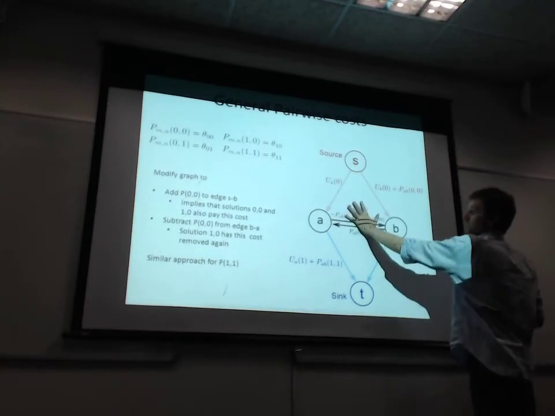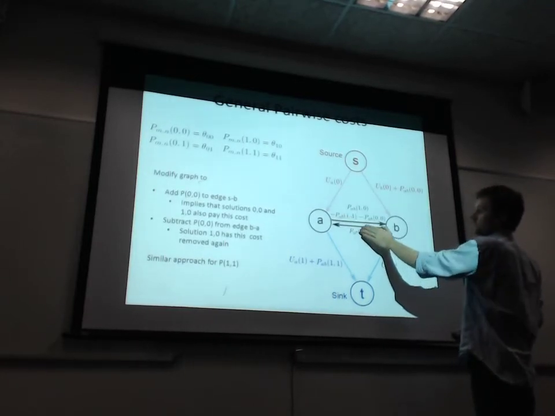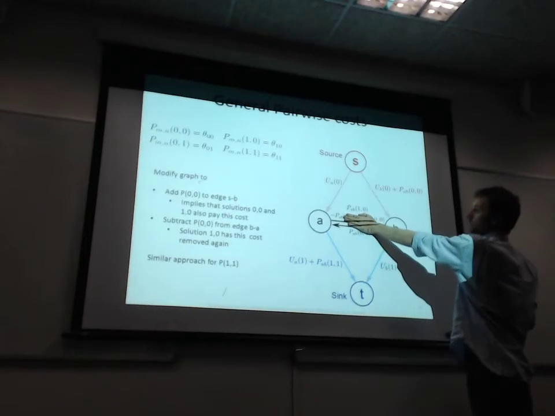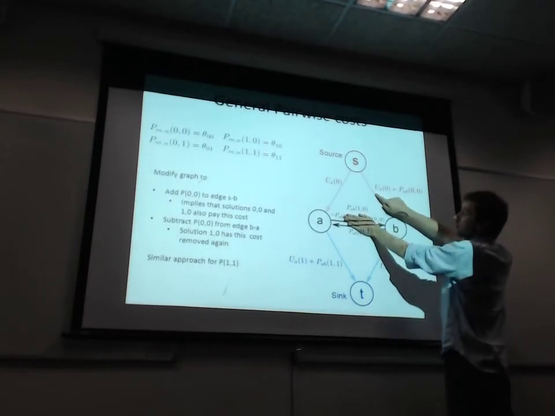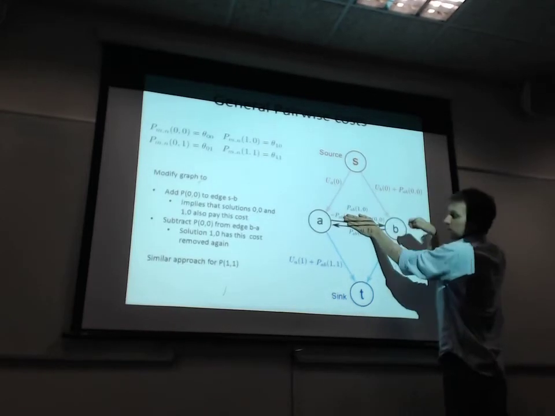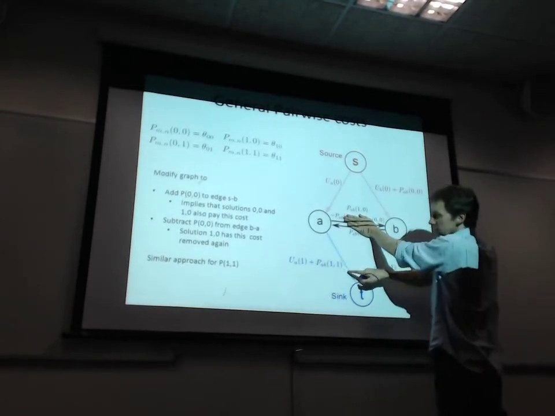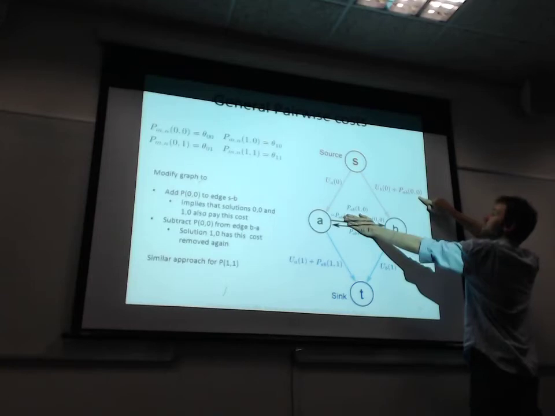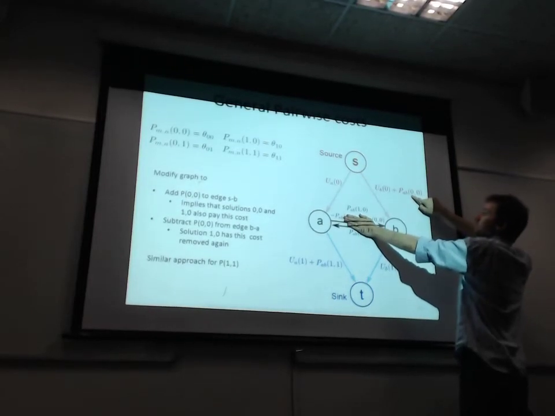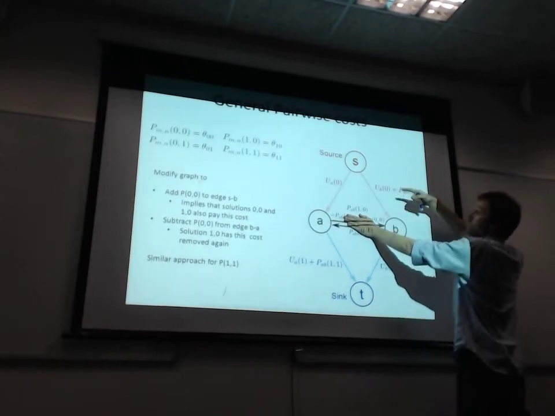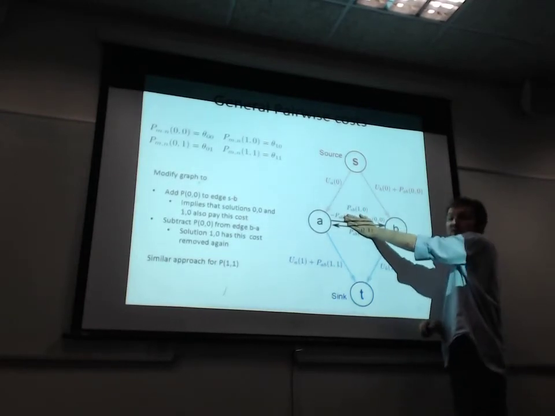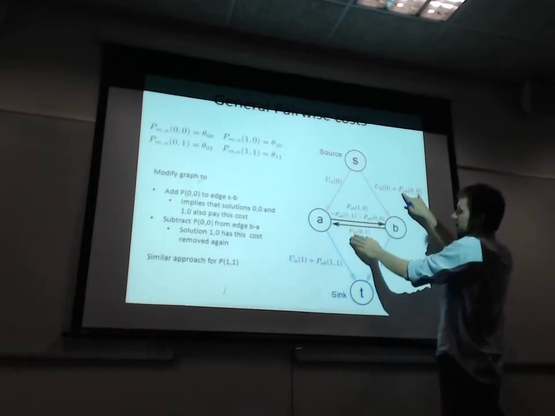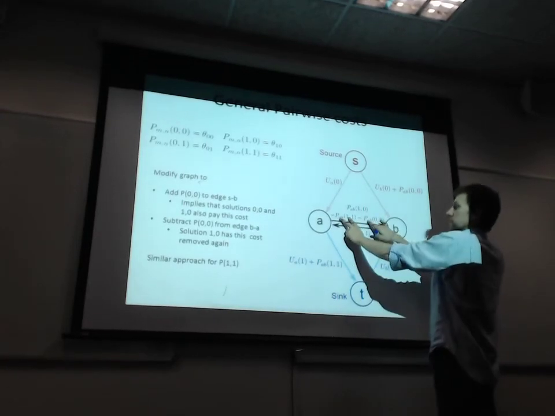You see, if I had left this as it was, which was PAB 1,0, and I made my diagonal cut, I would have paid the 2 unary terms that I should have paid, UB0 and UA1, but I would have also paid unnecessarily high prices for AB being 0,0, which it's not, and for AB being 1,1, which it's not. So I have to subtract that and that off here in the middle.